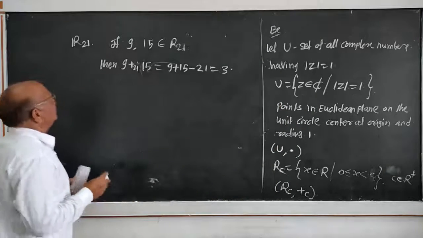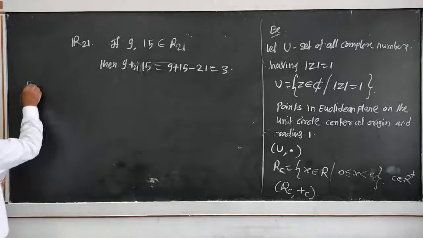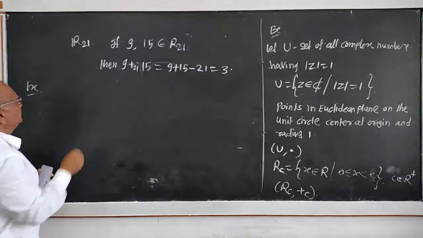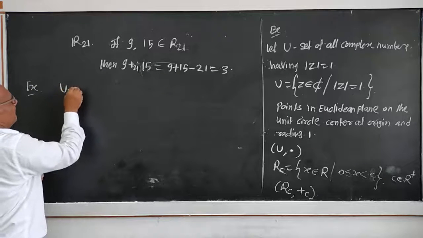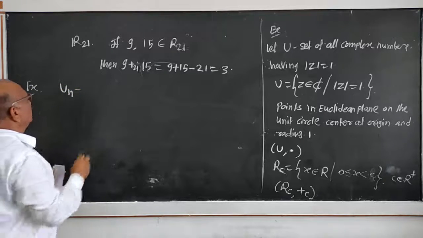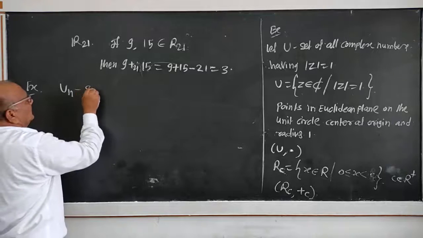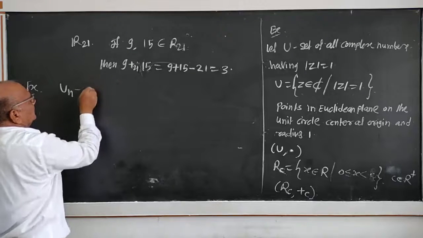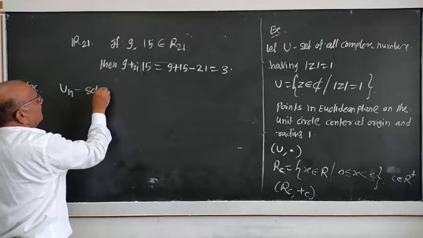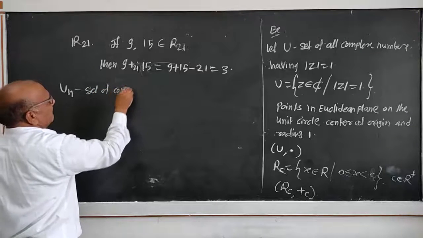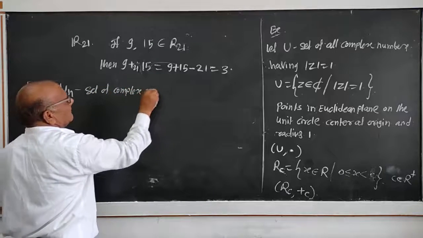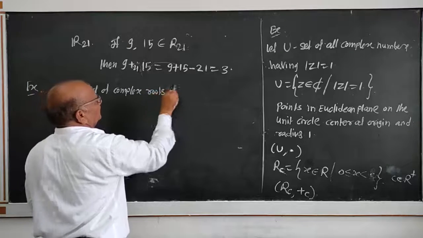Now, second example here: U_n, the set of complex roots of unity.